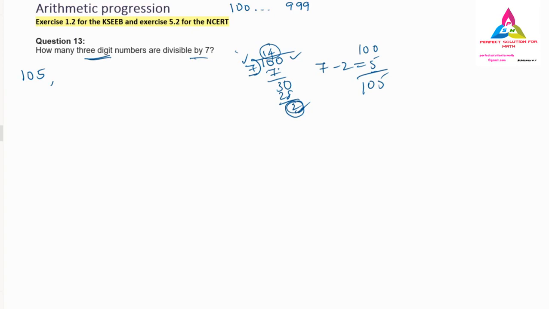I have given the formula. First we take 7 minus 2, which gives 5. To that 5 we add the first 3-digit number, which is 100. So 105 is the first term. The second term: the difference is 7, since it is a multiple of 7. So plus 7, 105 plus 7 is 112, and so on.